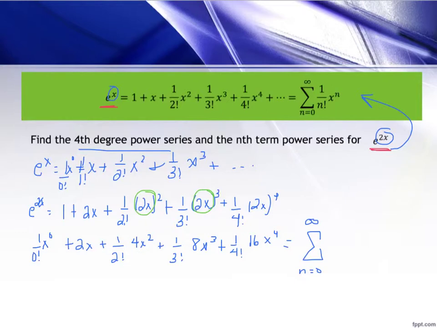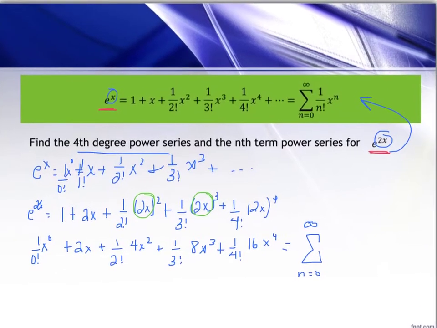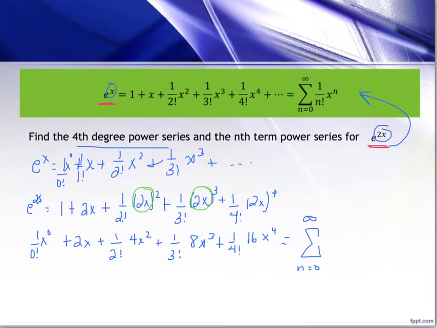We'll just rewrite this in front as 1 over 1 factorial and then 2x to the first. 1 over 2 factorial, and so on. So we notice that each one of these has a factorial. So it's going to be 1 over n factorial. So that takes care of all of our factorials.